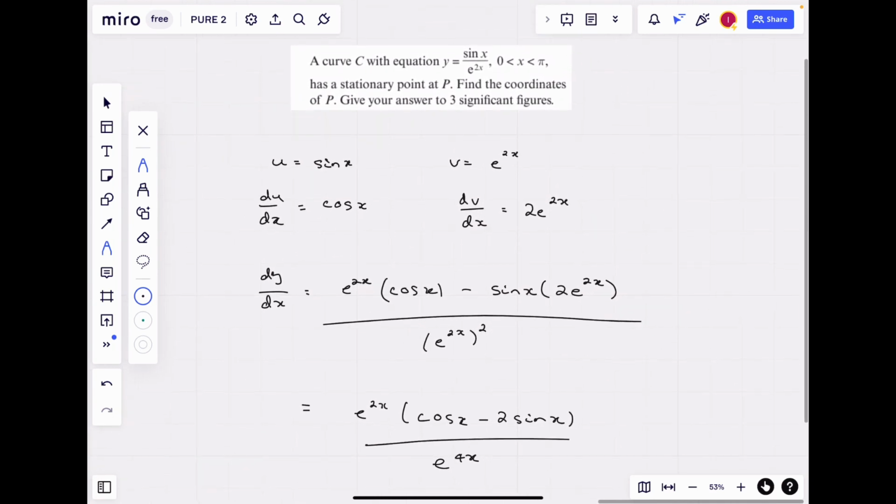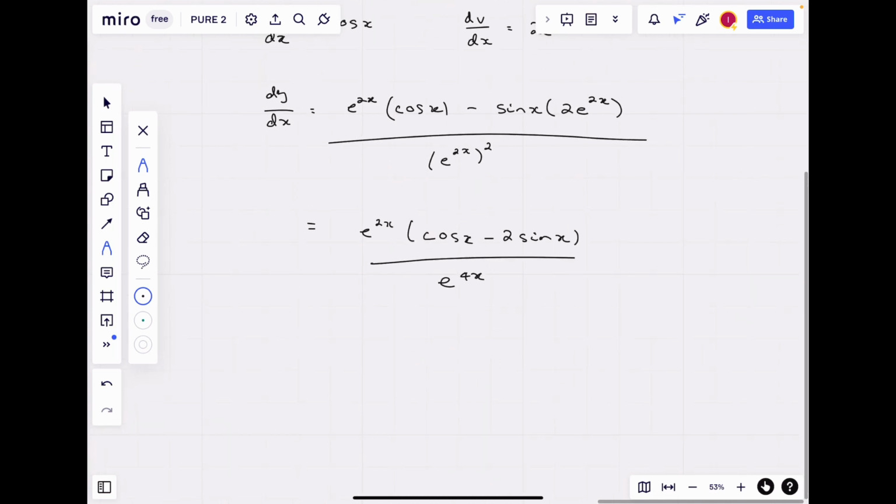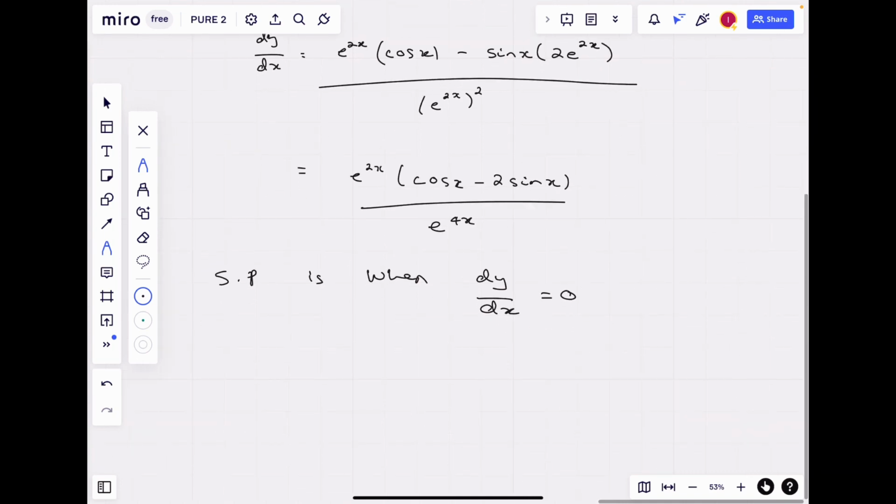Now it says find the coordinates, as the curve has a stationary point at P. A stationary point is when your gradient dy by dx is equal to 0. So now you're going to make all of this equal to 0.